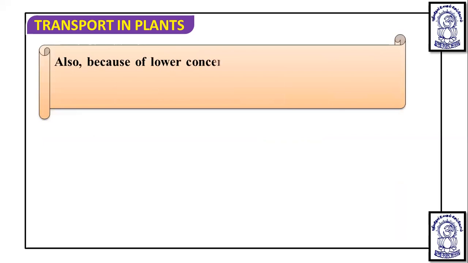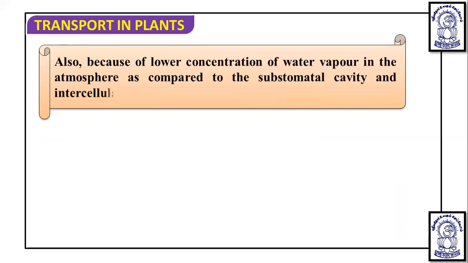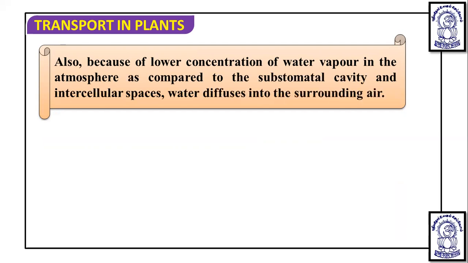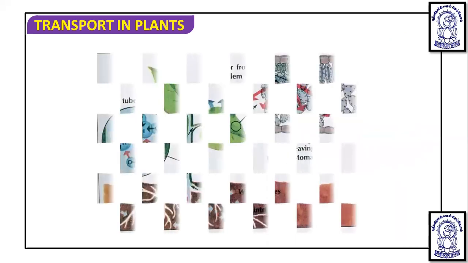Also, because of the lower concentration of water vapor in the atmosphere compared to the substomatal cavity and intercellular spaces, water diffuses out into the surroundings. Due to this, water loss occurs from the leaf cells, the transpiration pull is created, and water is pulled up from the stem xylem and root xylem in a plant.